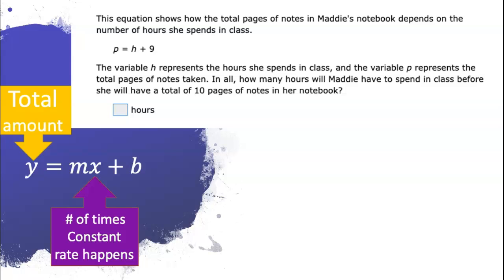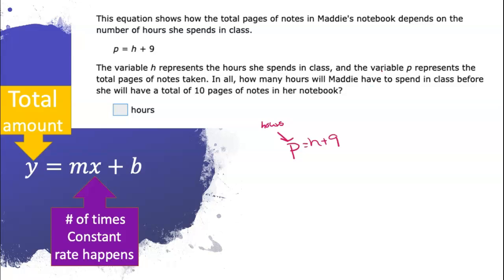So this equation is going to show us the total pages of notes in Maddie's notebook depends on the number of hours she spends in class. So I'm going to write P equals H plus 9. The variable H represents the hours in class.